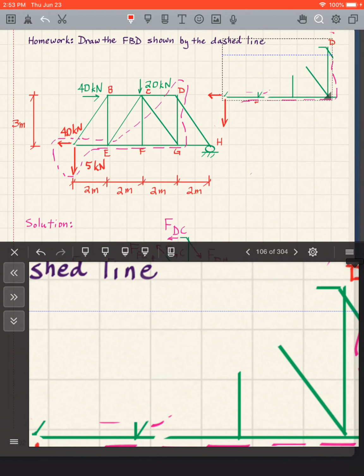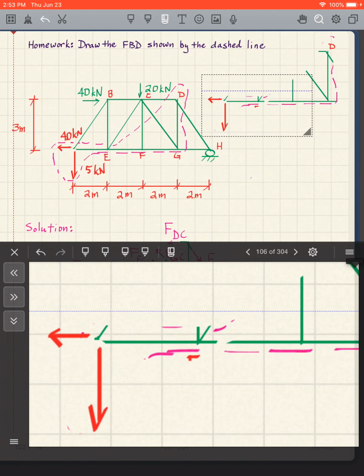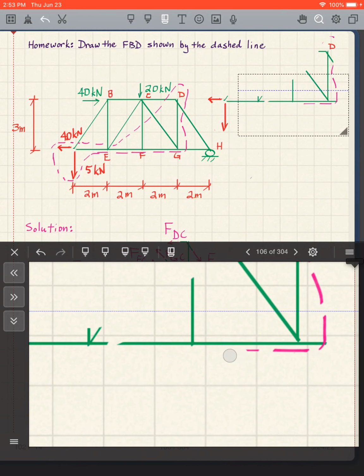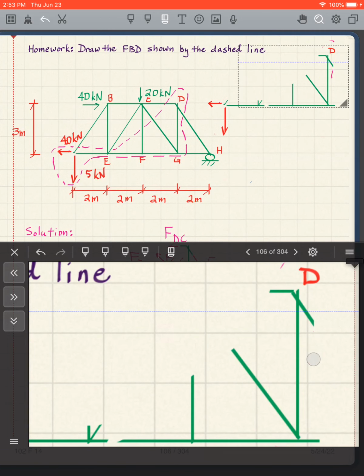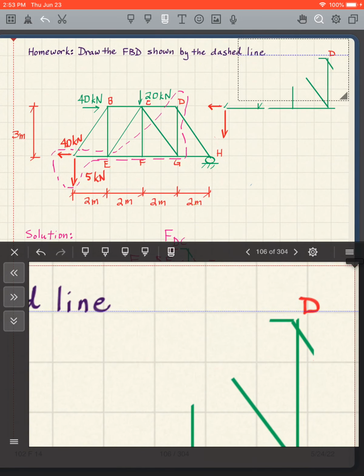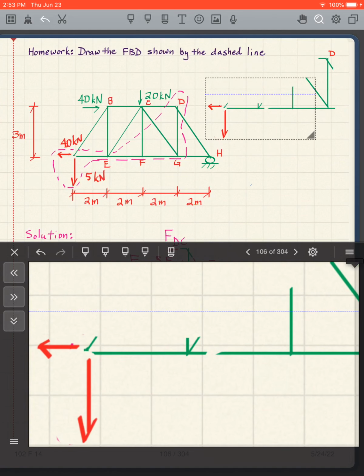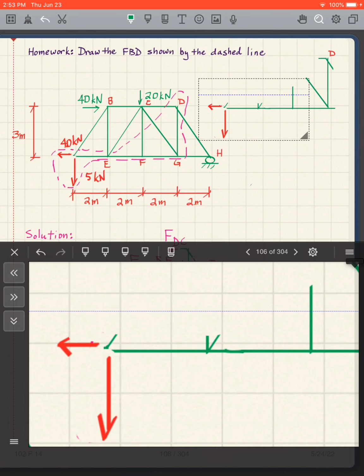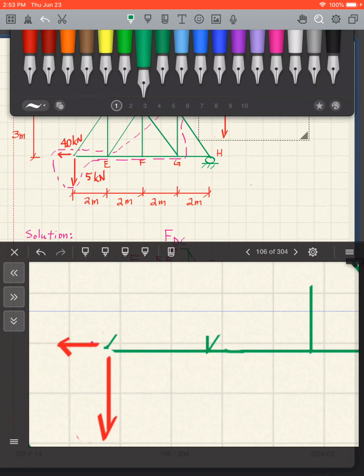I'm just going to clean it up a little bit. I accidentally made a cut where I wasn't supposed to. This is not a cut there.